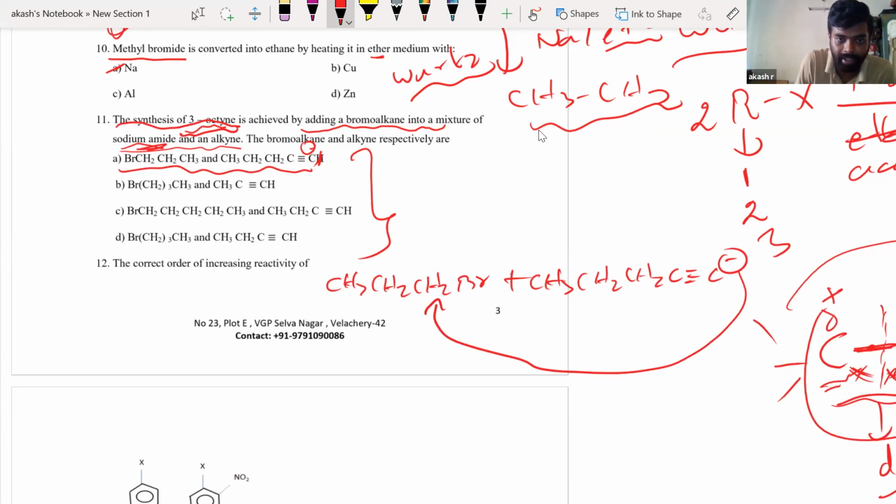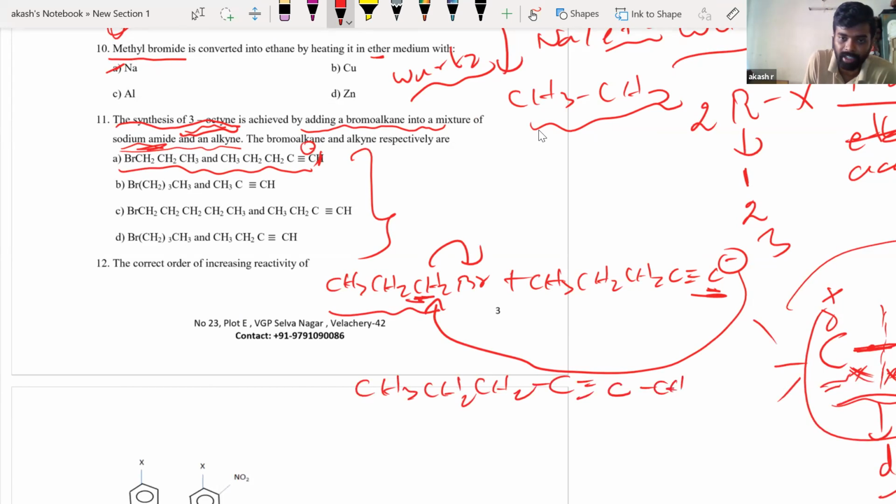This will come and attack here, and this bond would have broken. Now what you would have ended up with is CH3, CH2, CH2. Okay, this part is done. Then come to this part. This carbon is attached to this carbon, so it will become C triple bond C, CH2, CH2, CH3. Is it not?